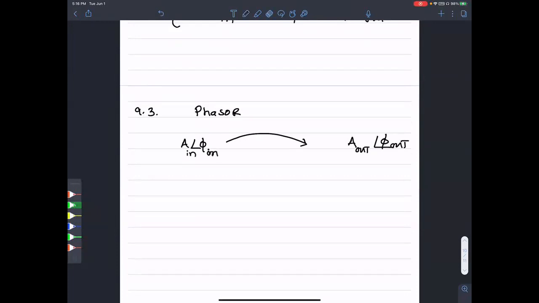In other words, this combination of angle and amplitude is a combination that's going to be useful for us to estimate the response.